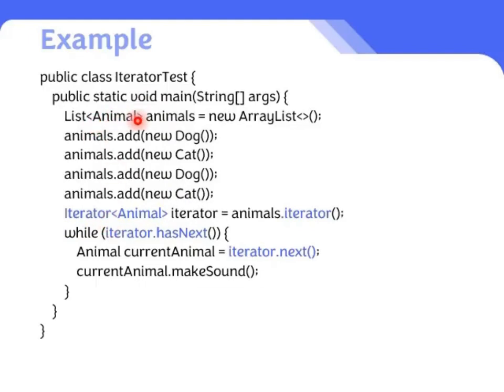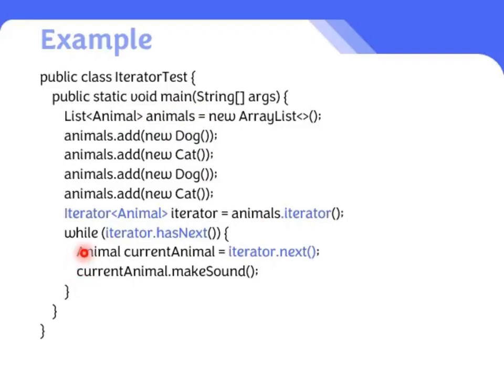Since we have successfully created a list of various animals, we will also create an appropriate iterator for animal. And then you know the specific variable we declared earlier. We're going to create an iterator for animals. So we declare that animals has an iterator.